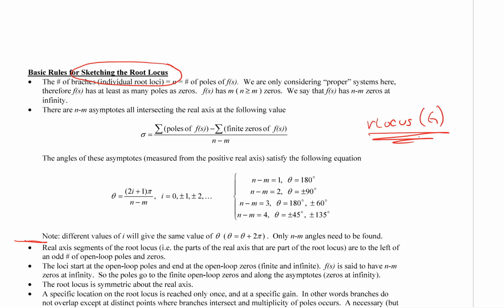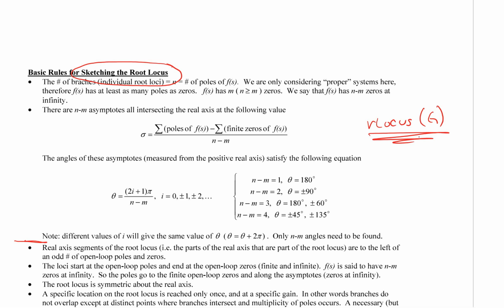We're going to take the closed loop transfer function and separate it into first and second order systems, so we can find the poles and the zeros for it. We're going to find out how many branches go to infinity by looking at the difference between the number of poles and the number of zeros.